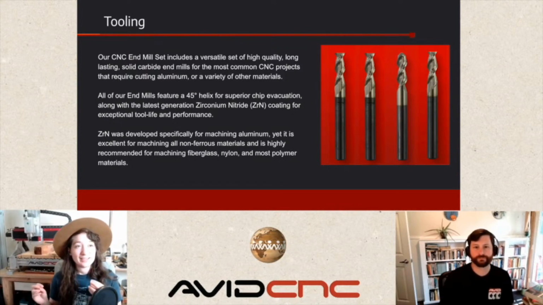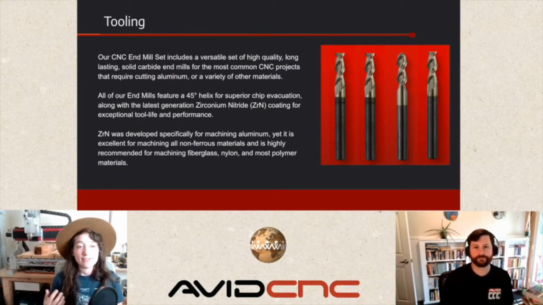So considering the type of coating on your router bits is definitely going to affect the tool life and the interaction that it makes with this specific type of material and the heat that it creates. So do consider that, and read up on the router bits and what they're designed to accomplish.